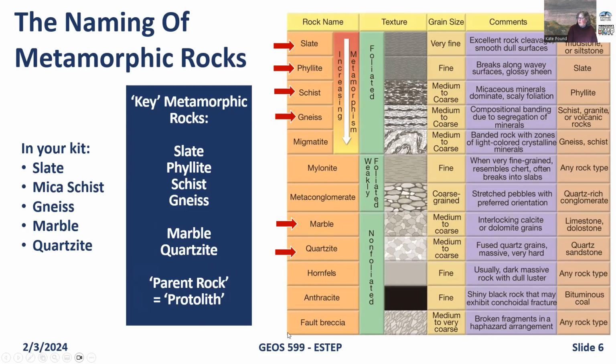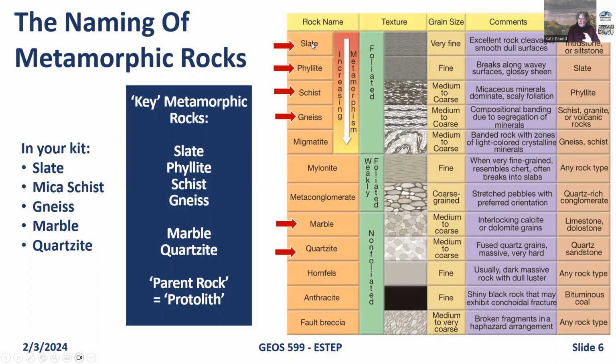Now, let's move over to this table. I don't want you to get alarmed by this. So in the first column on the left, we have our metamorphic rock name. So slate, phyllite, schist, gneiss.